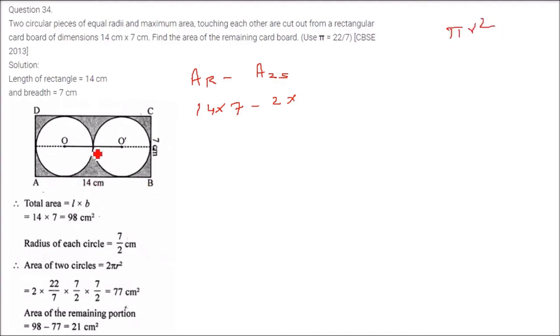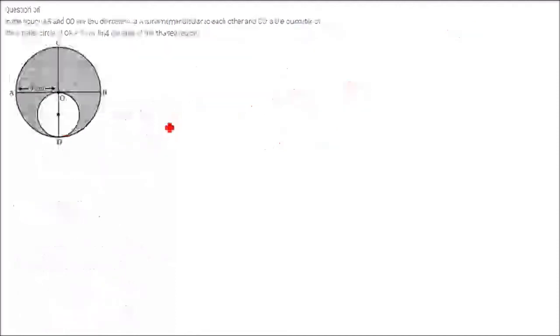From here to here it is 14. So the middle one will be, from here to here it will be 7. So the radius will be 7 by 2. So pi r square, that is 22 by 7 into r square, that is 7 by 2 whole square. So 14 into 7 is 98, minus this will come as 77, and this will be 21 centimeters square.